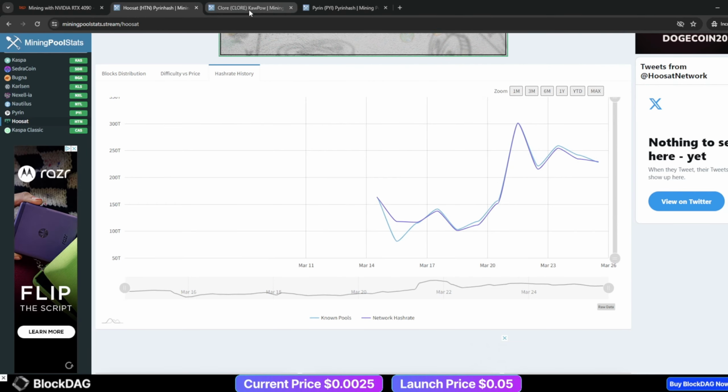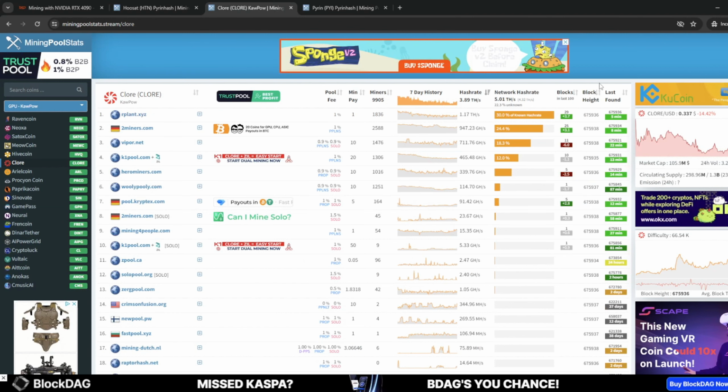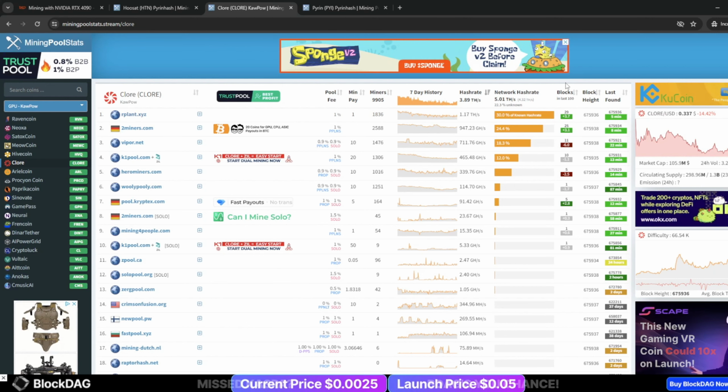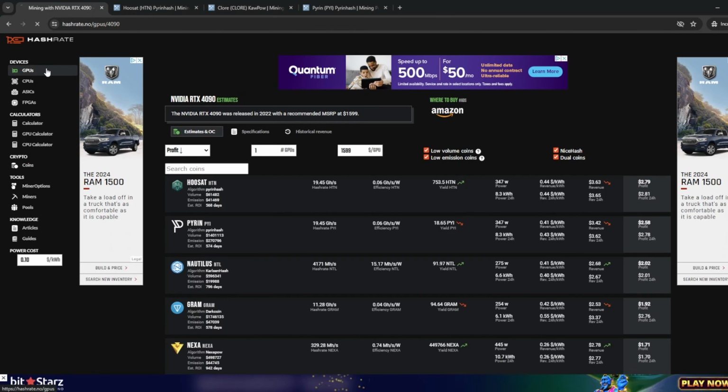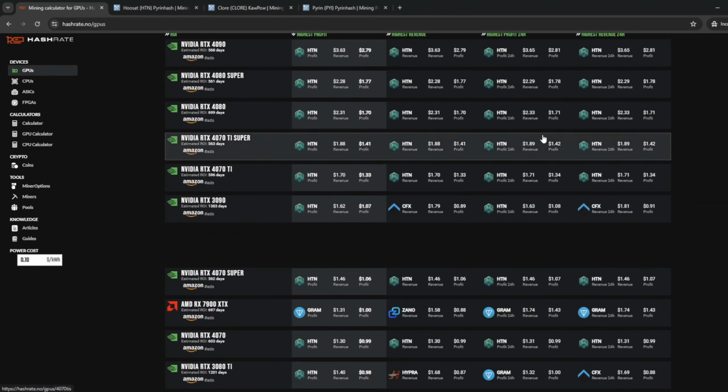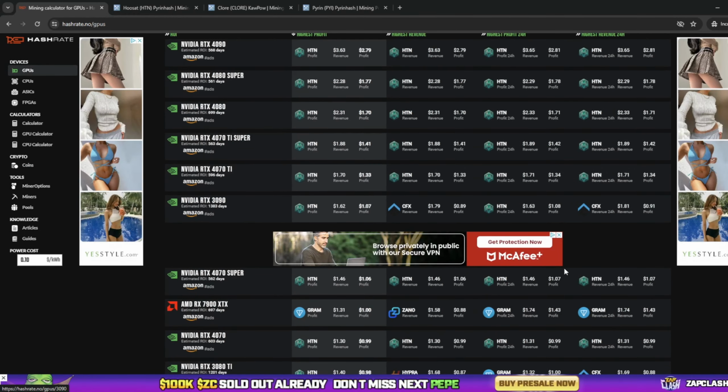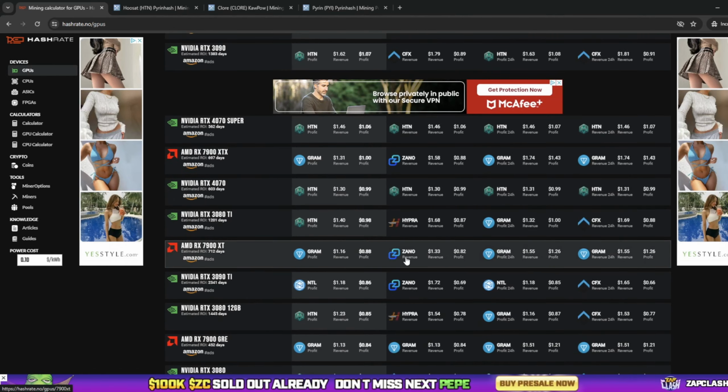Now, another strategy, or strategy number two, that we'll go with is, as these new forks come out and miners hop around based on the most profitable coin. If we go to hashrate.no, I'm sure people come on here daily, every couple days.